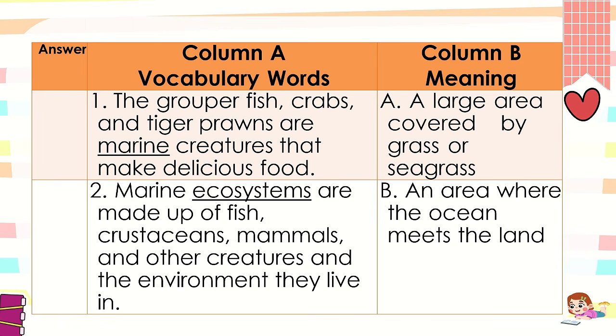Number 2, marine ecosystems are made up of fish, crustaceans, mammals, and other creatures and the environment they live in. For column B meanings, letter A, a large area covered by grass or seagrass. B, an area where the ocean meets the land.